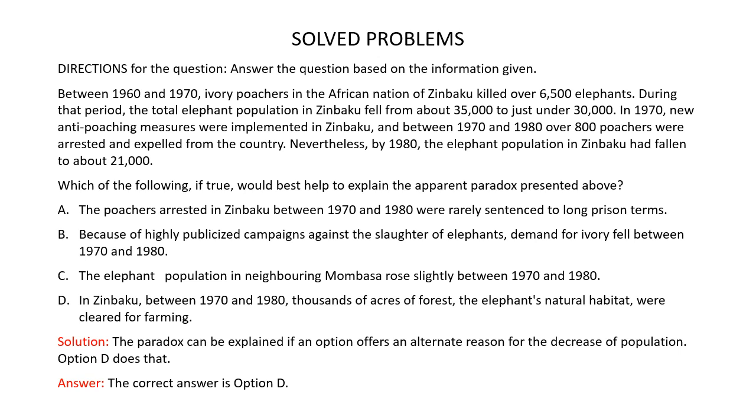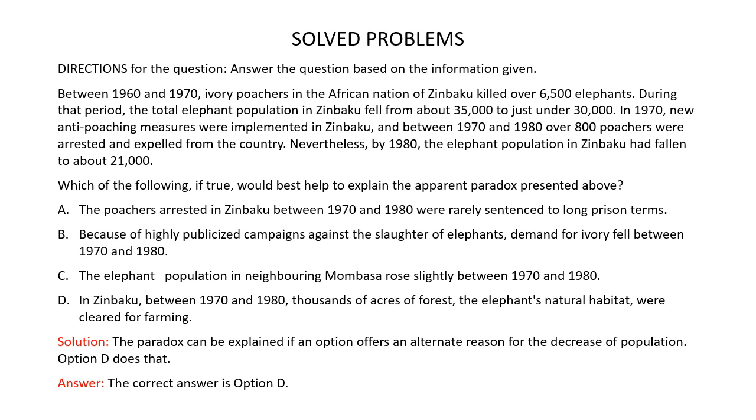Now it's given that new anti-poaching measures were implemented in Zimbabwe. And between 1970 and 1980, over 800 poachers were arrested and expelled from the country. So the population of elephants should have increased.